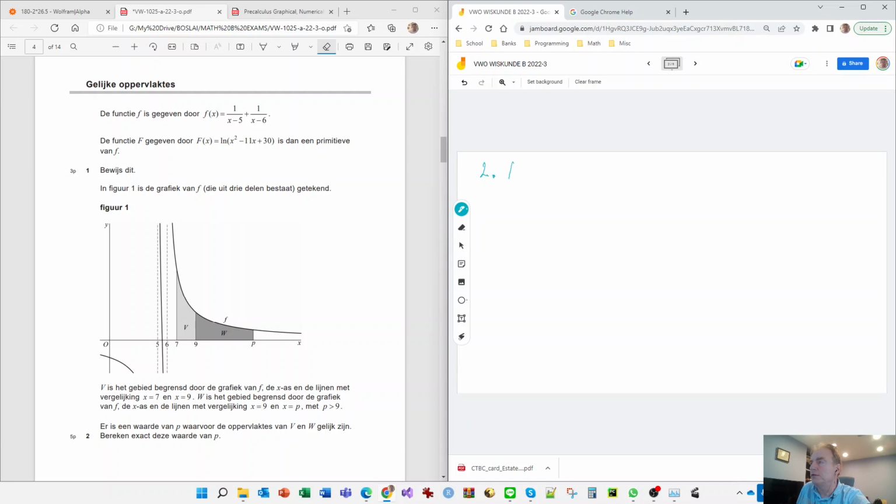What is the area phi? Well, that's the integral from 7 to 9 of this function here, of which we already know the primitive.